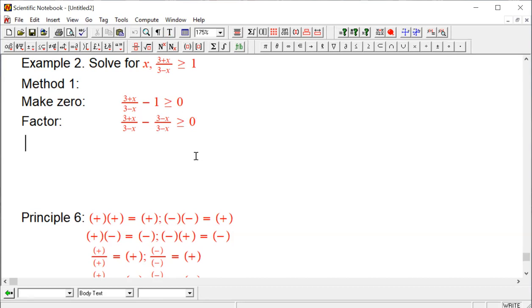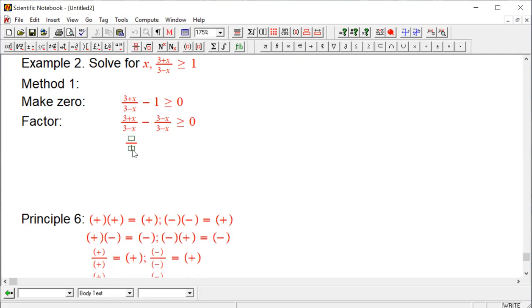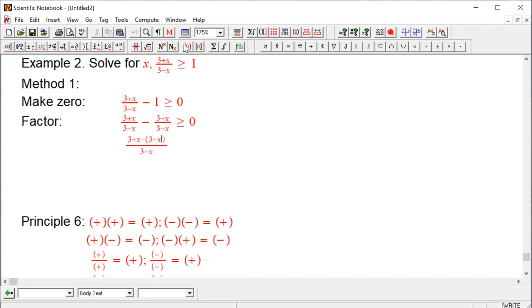Once we have the common denominator, which is 3 minus x, the top is going to take the numerator, 3 plus x, minus 3 minus x. Be very careful. Attach a parentheses here. I saw people get really messed up if they don't attach the parentheses.